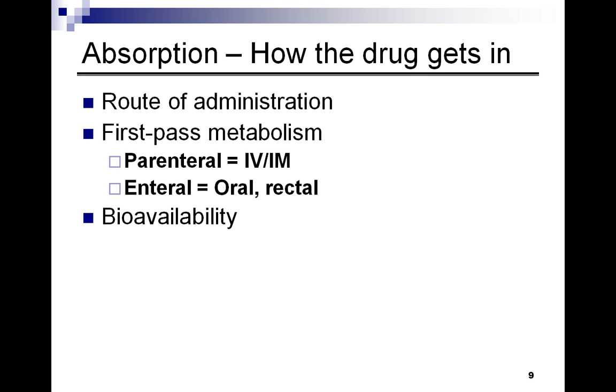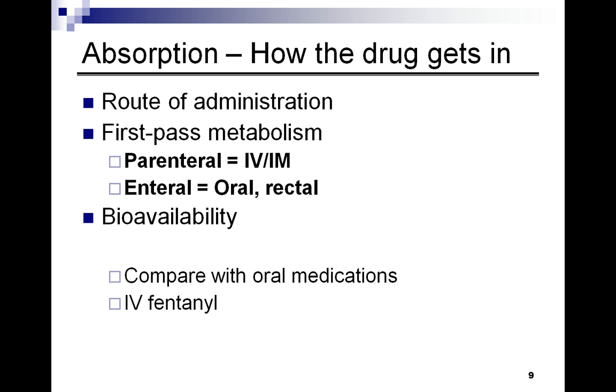So a bioavailability of 1 is usually associated with IV drugs and other parenteral drugs, whereas enteral drugs usually have a lower bioavailability. So we've talked about IV versus oral medications. We could talk about IV fentanyl, and we've discussed how that has some first-pass effect in the lungs, and succinylcholine, which has a first-pass effect in the plasma itself.